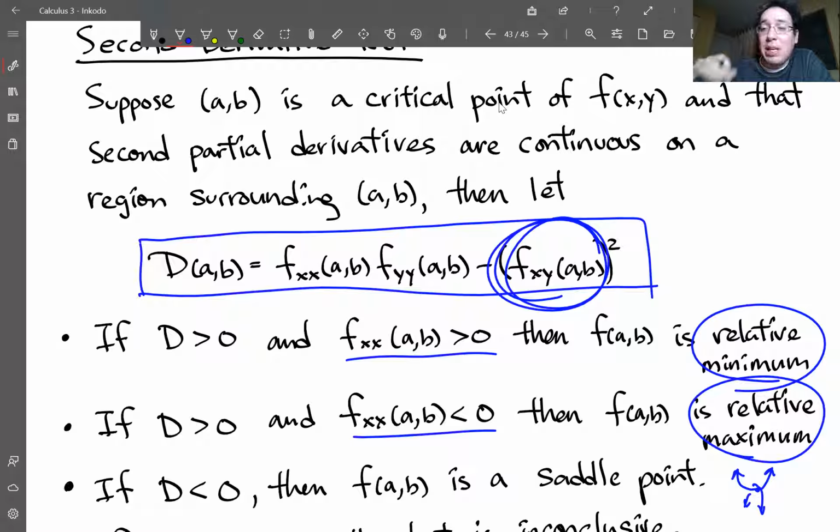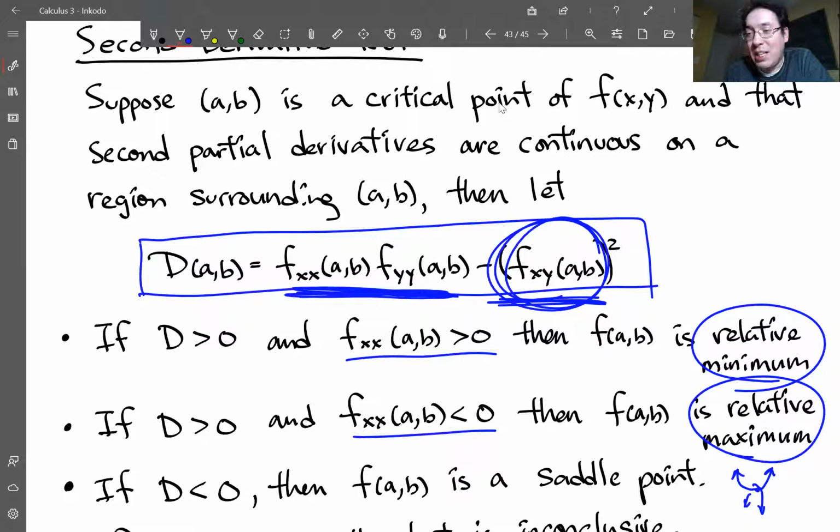Because the square is always positive, subtracting it always brings the quantity more towards the negative side. So the only way this could end up positive is when the two non-mixed partial derivatives, fxx and fyy, are both the same sign. If they're both positive and multiplied together, it's a positive number. If they're both negative, the signs cancel out and you also get a positive number.